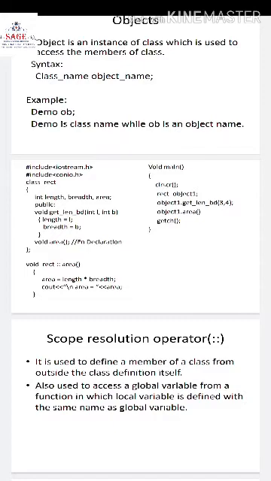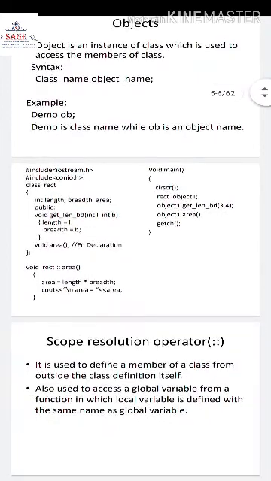So we can see here in this example, there are only two functions which are in the public. One is get length breadth and another is area. So we can access these two functions with the help of this object by using the syntax object name and dot operator. So here we have written object1 dot, and then the function name get length breadth.